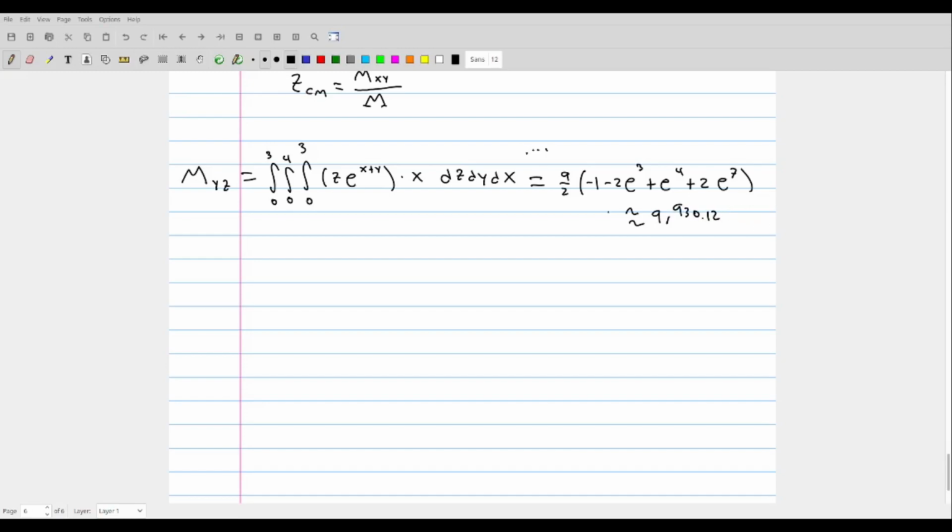And the units of a first moment are in what are called kilogram meters, because the units of the volume element are in meters cubed, the units of the density function are in kilograms per meters cubed, and the units of this x here are just in meters, say if you're dealing with SI units. So the units of a moment are in kilogram meters, or in general of mass times length.